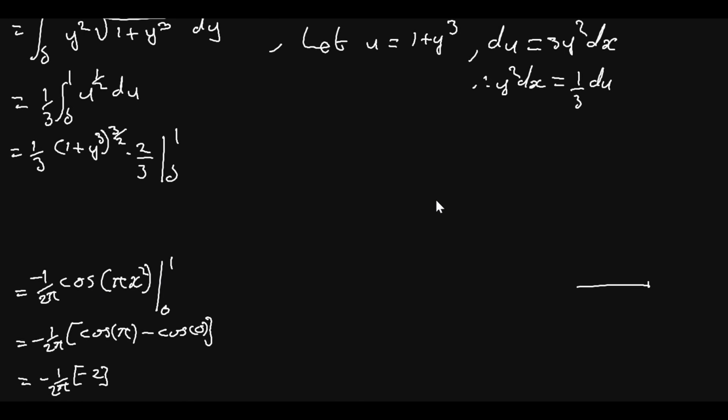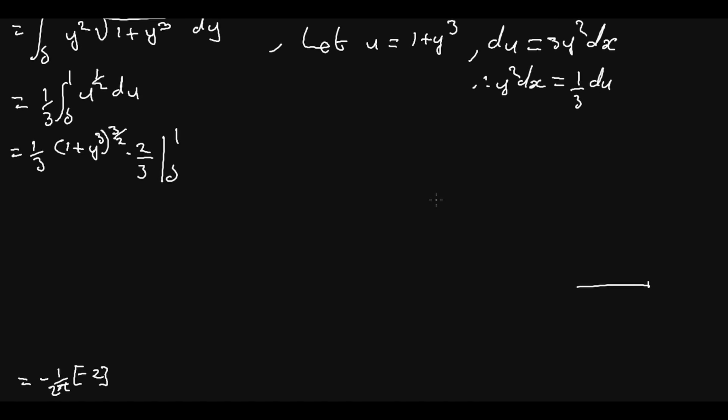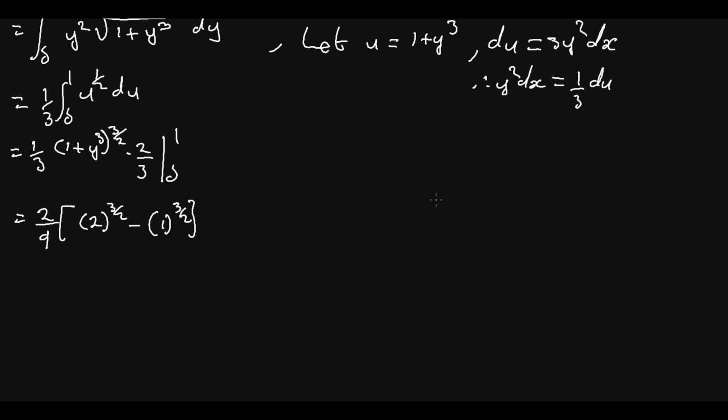Then when we simplify this here, what are we getting? Okay, so we're getting 2 over 9. Then we apply the limits. 1 cube, so this is just 2 raised to 3 over 2 minus 1 and a 0, it's a unit, 3 over 2.